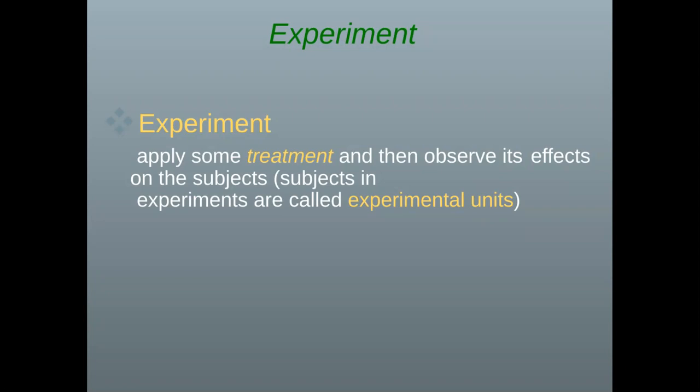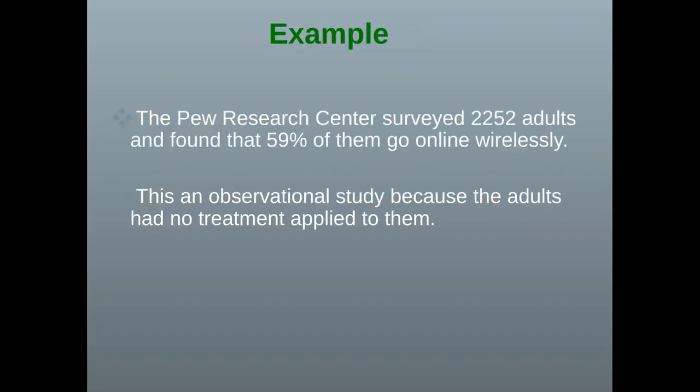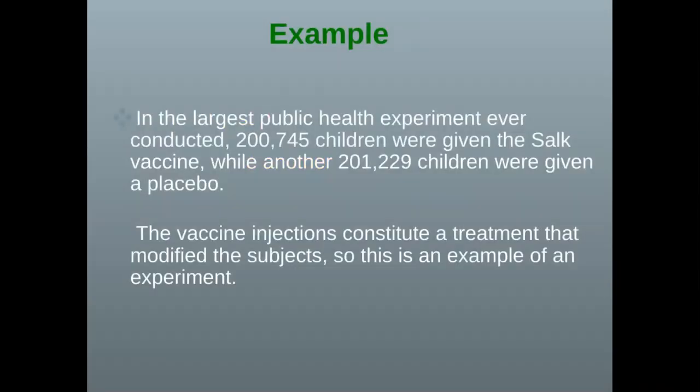They're just a little more kind of straightforward in this class, but experimentals just work just as fine too. So here's an example of an observational study. You read through that. Here's an example of an experimental study. Read through that.